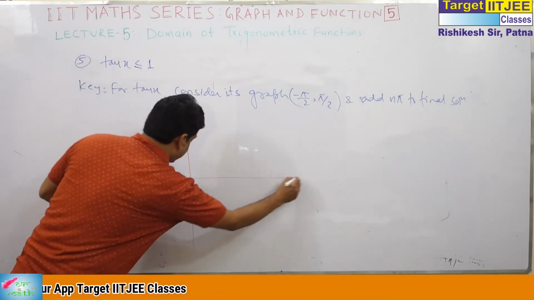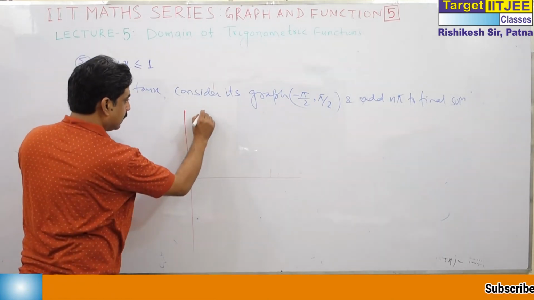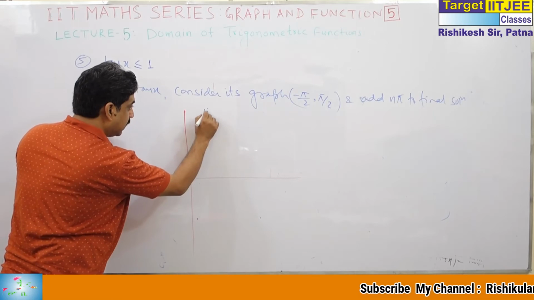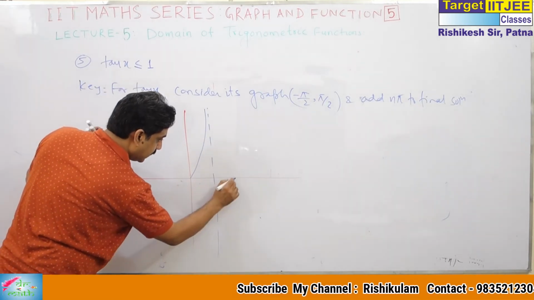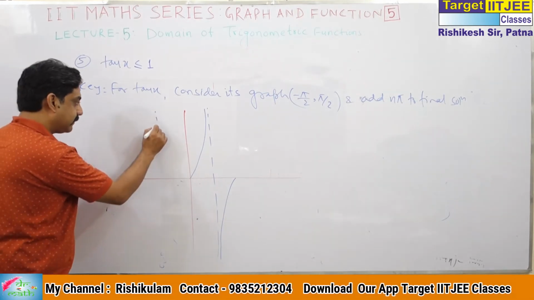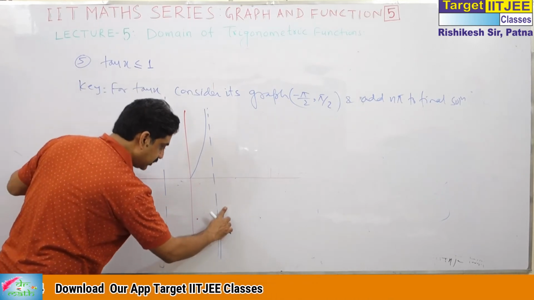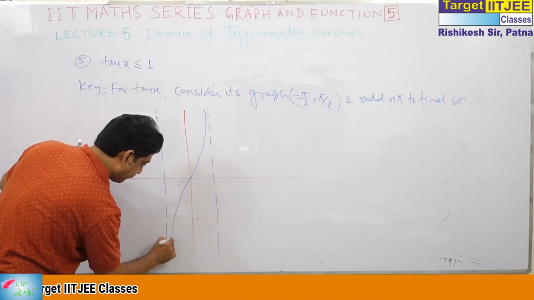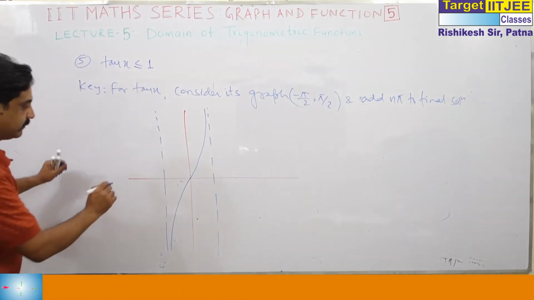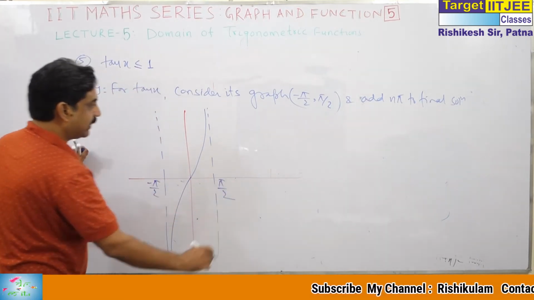But in 0 to pi, this is a discontinuous function, and we try to avoid discontinuity. What do we do? We shift this part to this side. Now it's easy: minus pi by 2 to pi by 2.